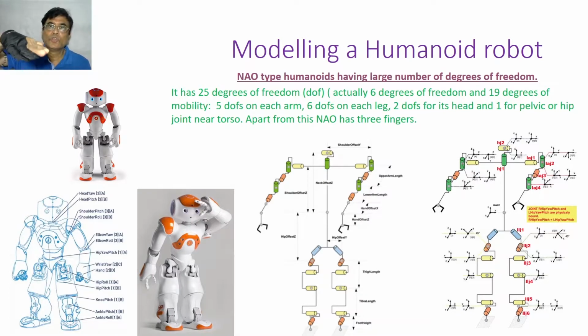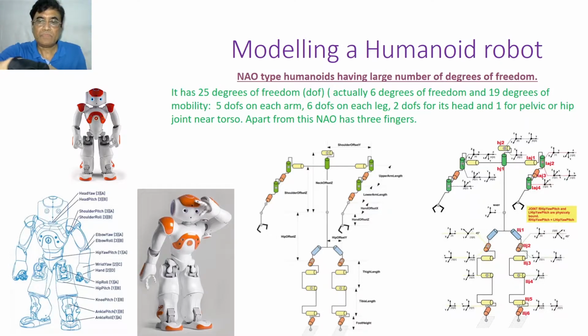And as you know, the convention is that yaw, pitch and roll are three revolute joints. Just look at my wrist. If this kind of motion is there about an axis of rotation, then it is called yaw motion.